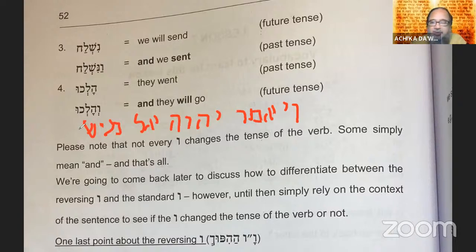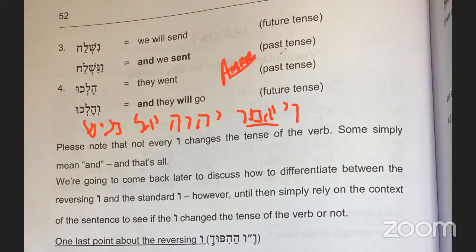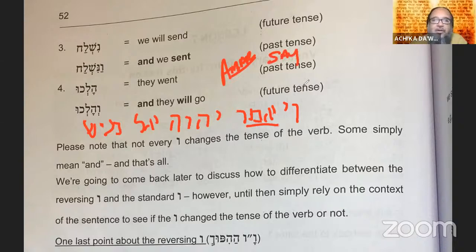Okay. All right. So what does Amar mean? Said. Okay, to say. The Yod right here means what? He. Okay, so he say, right?